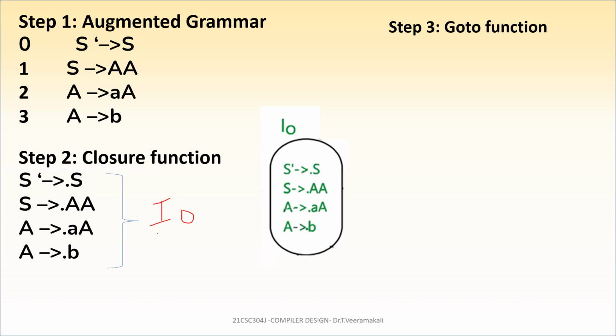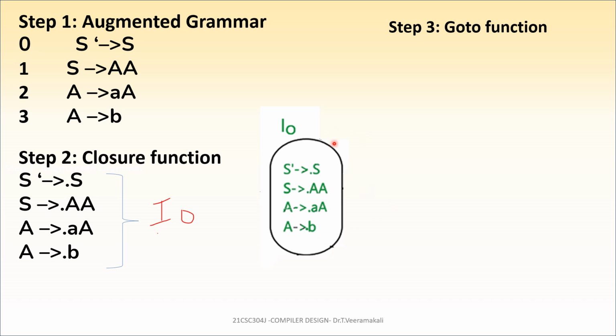The next step is applying the goto function. We need to apply the goto function for the variables which are present after the dot symbol. We need to find the goto function for capital S, the first capital A in the second rule, small a and small b. So for I naught, we need to find the goto function.